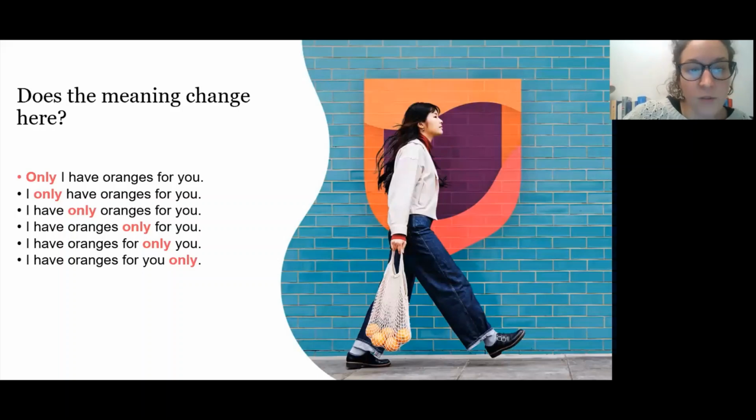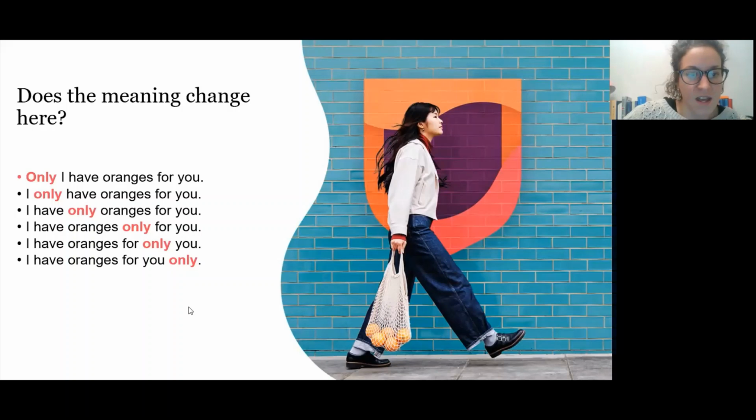But here, only I have oranges for you. This is one meaning. I only have oranges for you, like I don't have anything else. I have only oranges for you. Same here. But still there is a little difference. I only have oranges for you and I have only oranges for you have different emotional color.